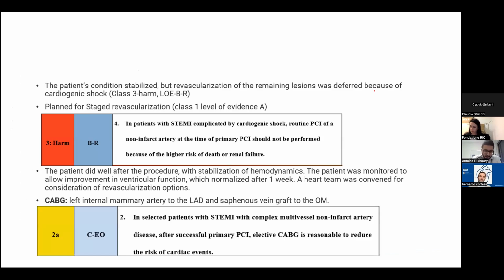As you can see here, according to the guidelines, doing CABG after primary PCI of the culprit vessel is a class 2A recommendation. So it was reasonable to do it for this patient, especially in case of a left main lesion associated with all the other lesions.